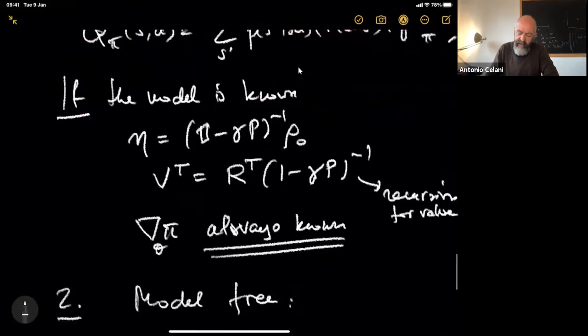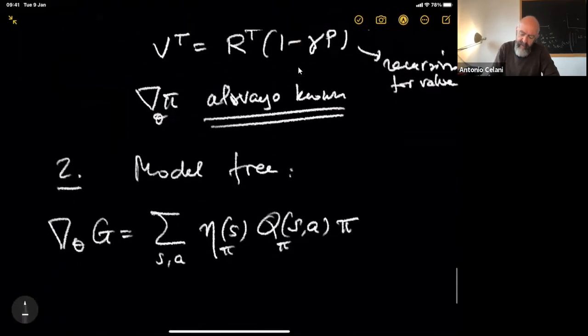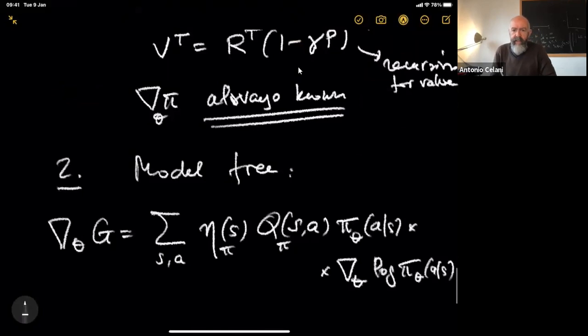I'm just rewriting this as pi theta times the gradient over theta of the logarithm of pi theta. So since the gradient of the logarithm is equal to the gradient of the function divided by the function, this is an exact identity.